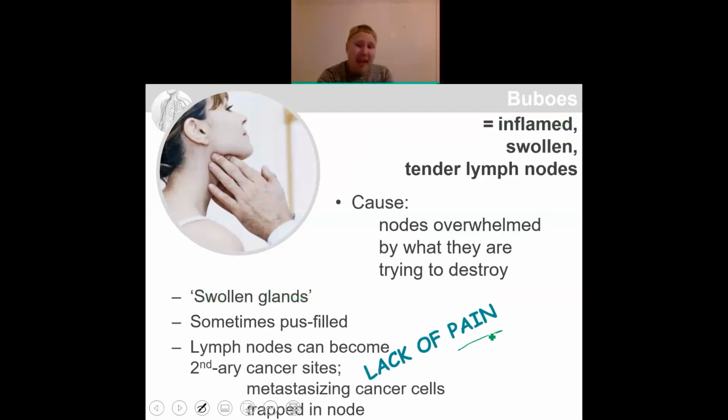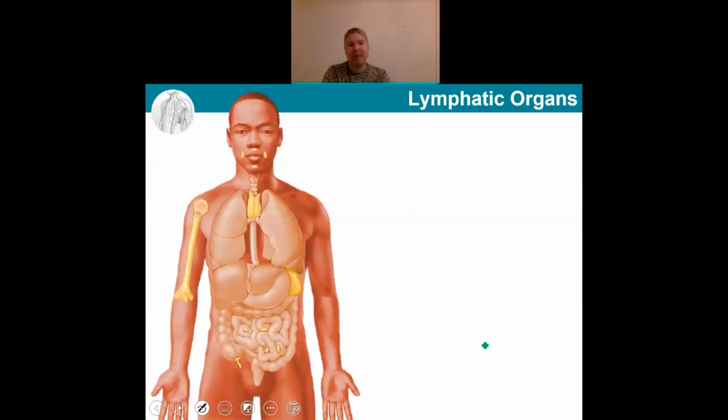If there is no pain, that's a little bit more concerning. Normally, if your lymph nodes are swollen, we want you to be able to feel the pain because it is swelling, it is bigger than it should be. If there's no pain, then we, as medical doctors, will do a little bit more looking. What else could it be?